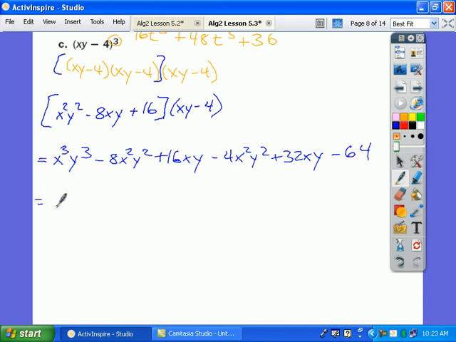And so we simplify from here. x cubed y cubed minus 12x squared y squared plus 48xy minus 64.